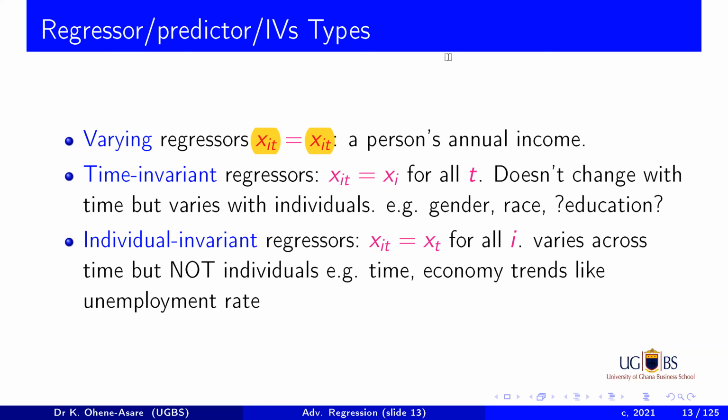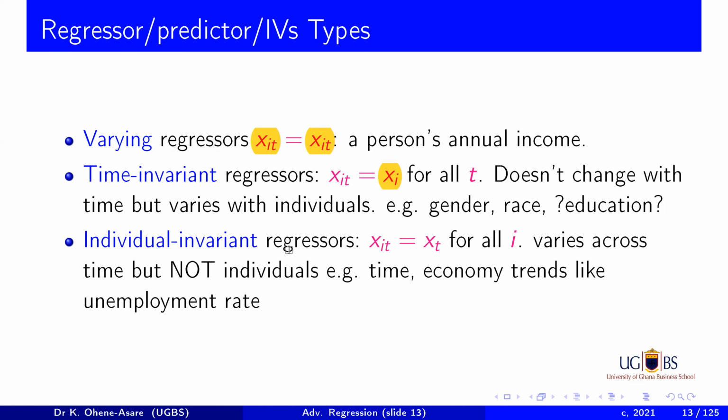An invariant regressor is one that is not changing. If it is time invariant, it means that it does not change with time. If it is time invariant, it is not changing across time, but you can see that it is only changing across individuals. So time is considered to be fixed. It varies across individuals. So give me an example.